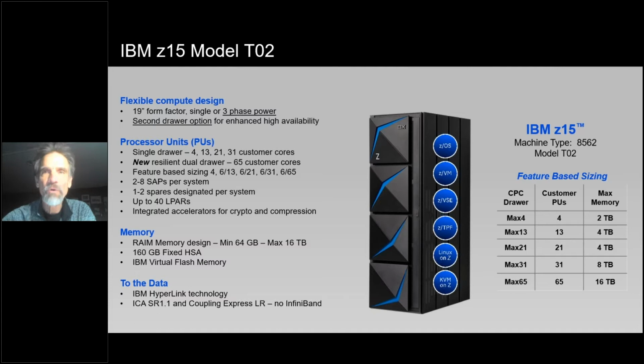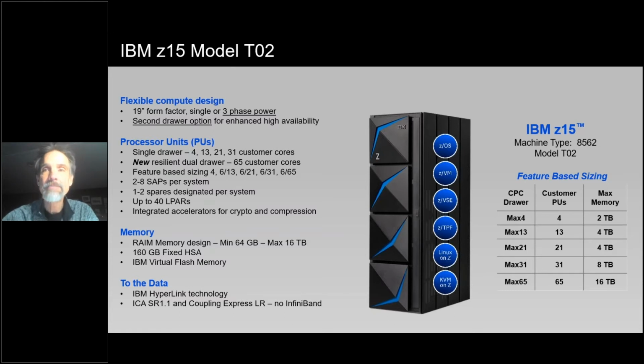The Max 4, 13, 21, and 31 are single drawer based solutions, and the number after the Max talks about how many physical characterizable engines exist within that configuration. Based upon your needs, you can find the right CPC drawer configuration that'll help serve your needs.